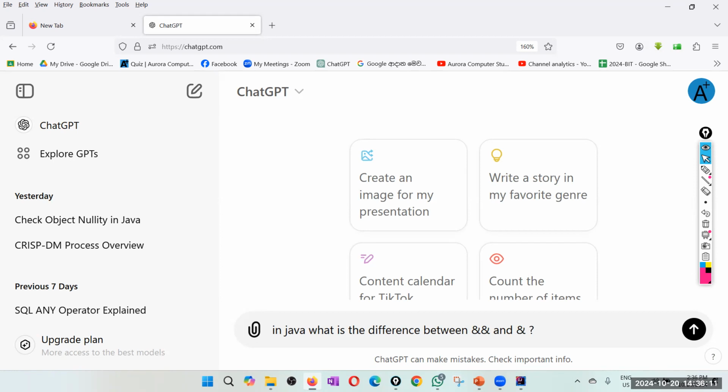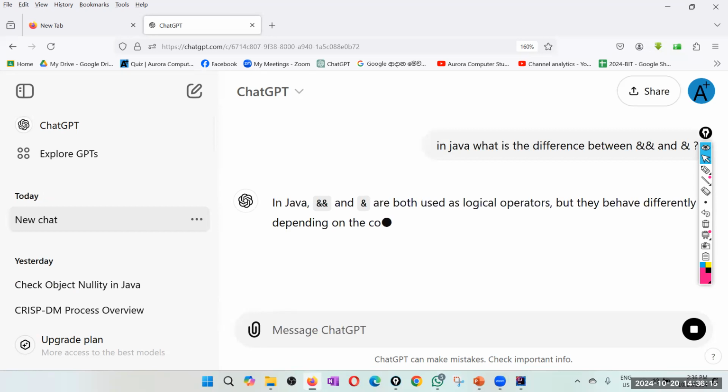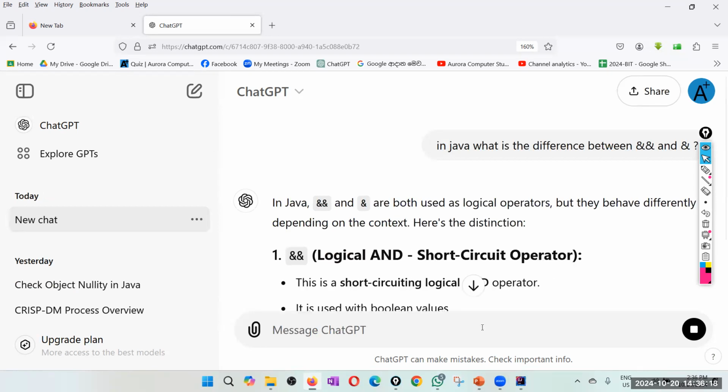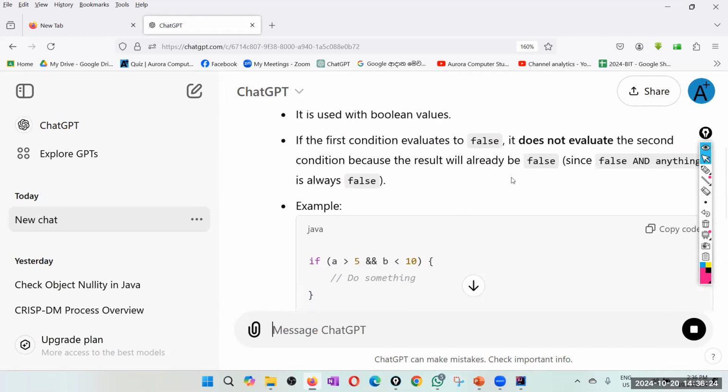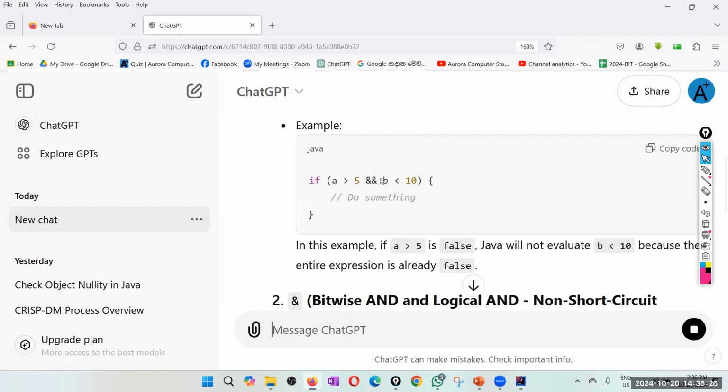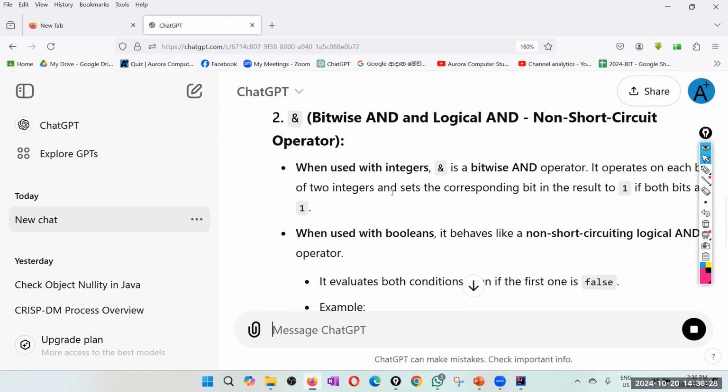Or I can say explain using code. Both are logical operators. You can say this one is a short circuited operator. Then I explain that with an example, and the non short circuited version.